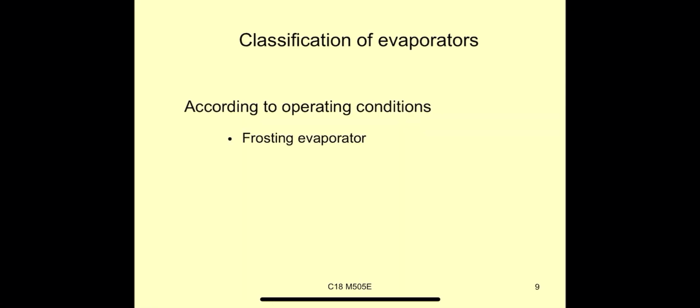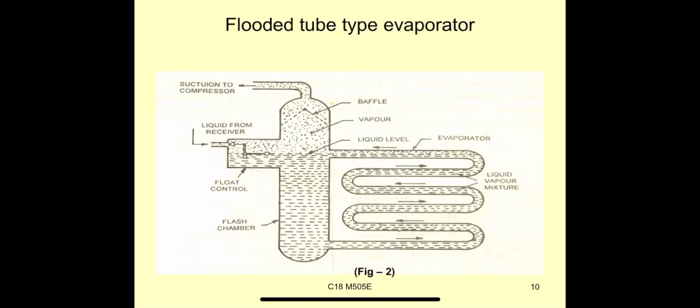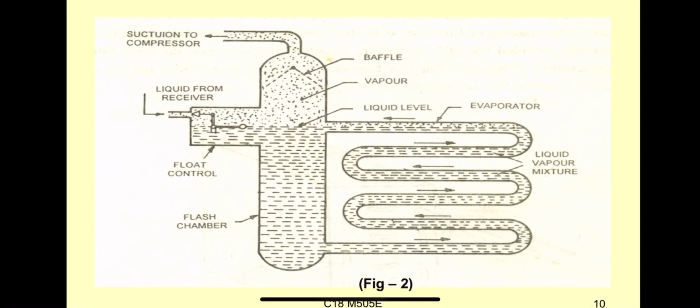The next one is the conditions: frosting, non-frosting and defrosting conditions. The first one is the flooded tube type evaporator. See the construction details of a flooded tube evaporator.